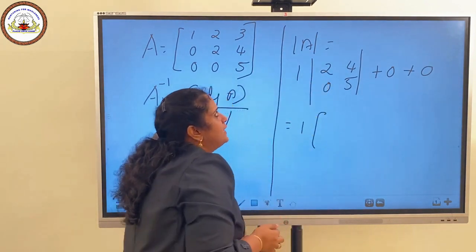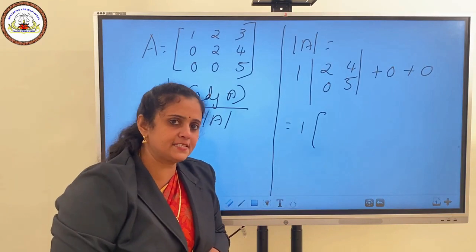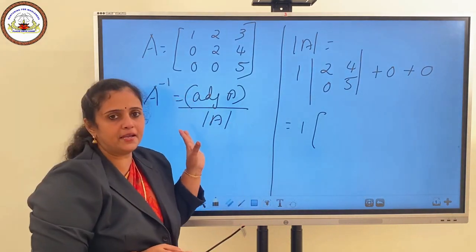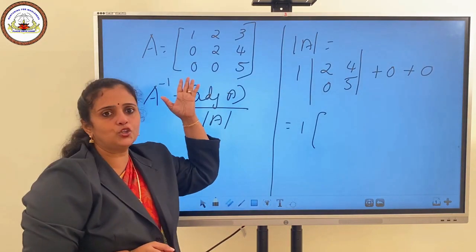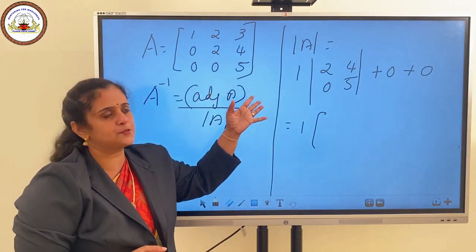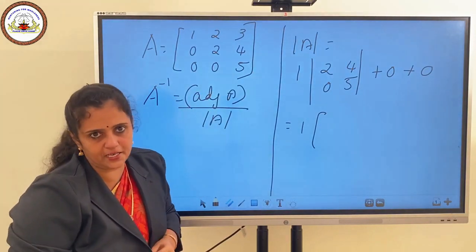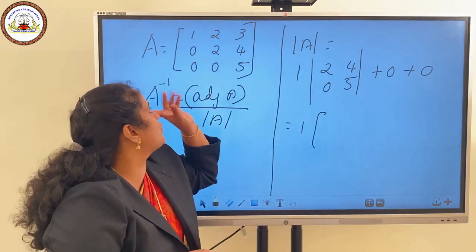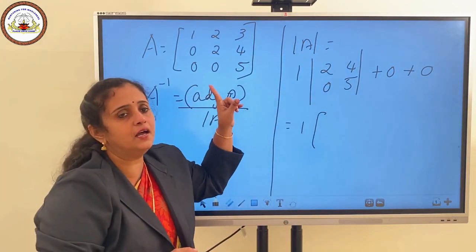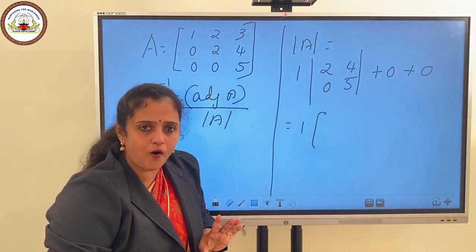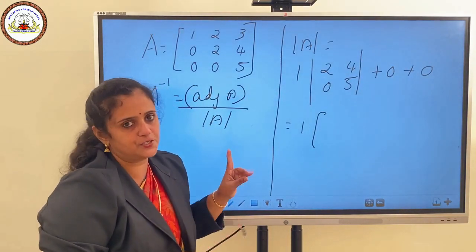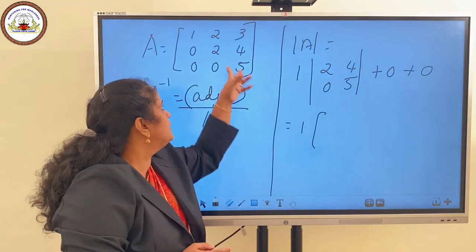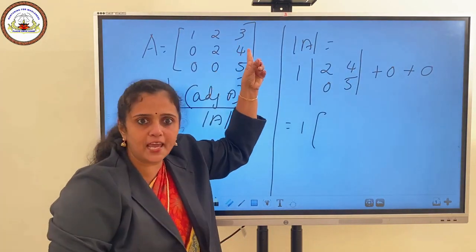How to find the determinant, we already studied in the matrix chapter. It's a 3 by 3 matrix. We can take either the row wise expansion or column wise expansion. Here the first column has 2 zeros, so we take the column wise expansion. Take the first column: 1 into the corresponding row and column you should eliminate.